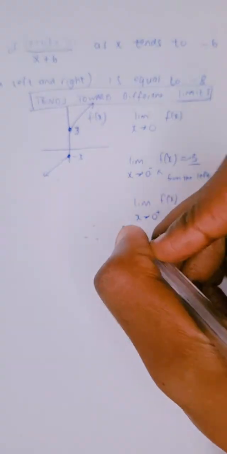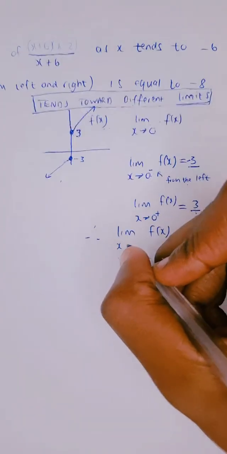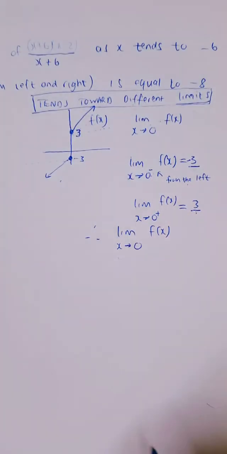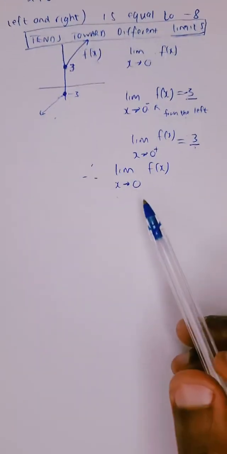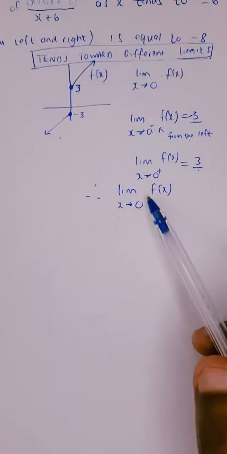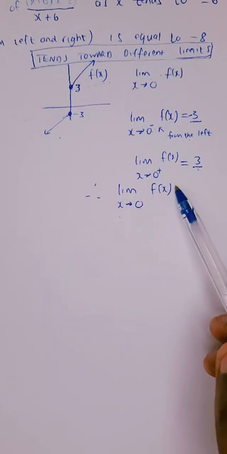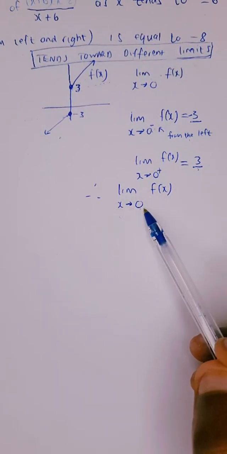Now you see we put 0 without a plus or a minus sign, because this is us making the conclusion. What is the limit of f of x as x tends towards 0?